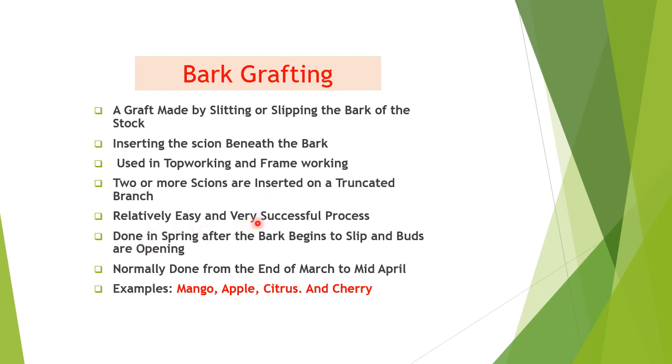It is a relatively easy and very successful process, done in spring after the bark begins to slip and buds are opening, because you have to lift the bark and insert into it. Normally done from the end of March to mid-April. Examples are mango, apples, citrus and cherry.